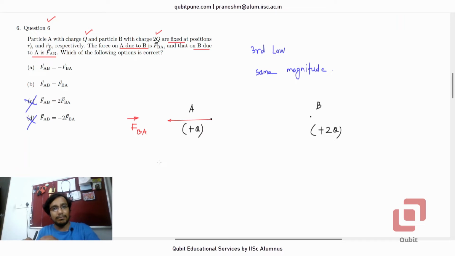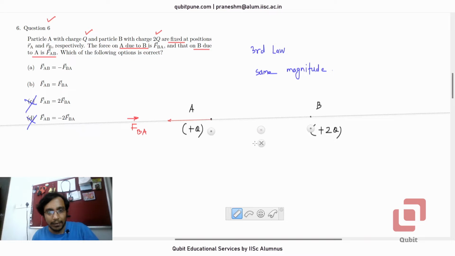Similarly, its reaction will also be there. Now the force on B due to A will be again repulsive.